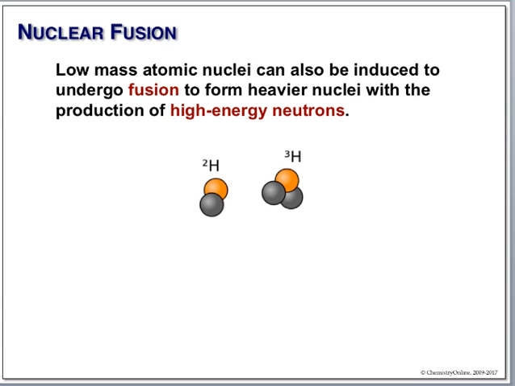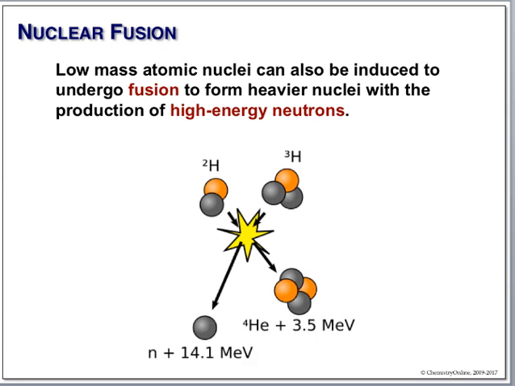Here we have hydrogen gas and tritium gas. So this is hydrogen with one extra neutron. If you squeeze these two together, you can form helium and you emit a really, really high energy neutron, and lots and lots of energy.